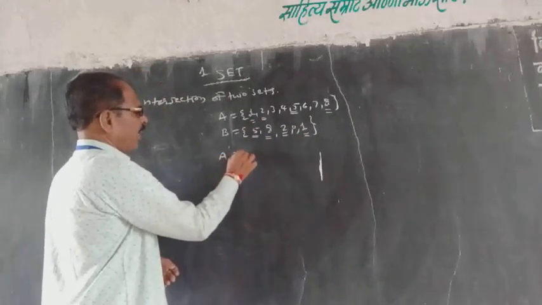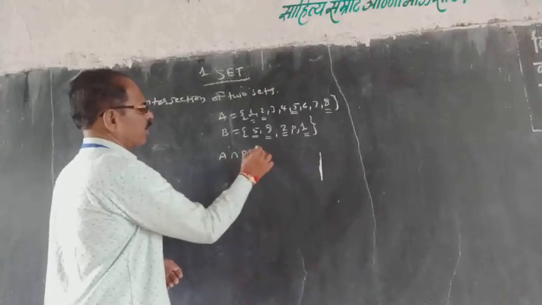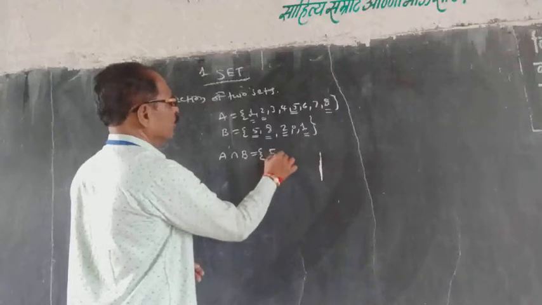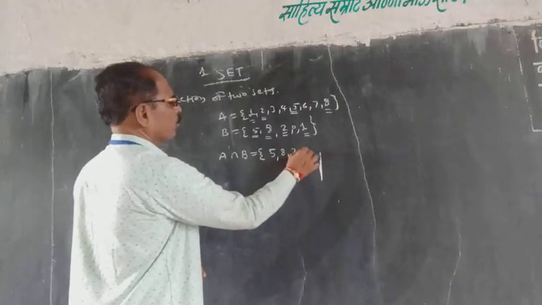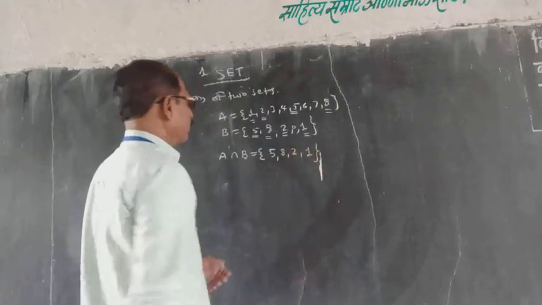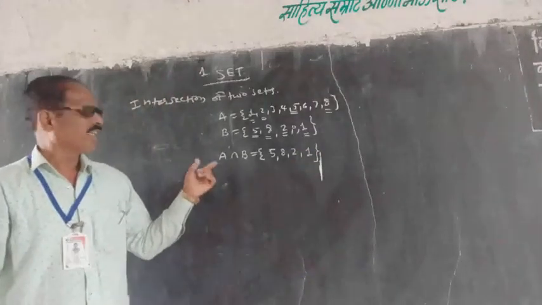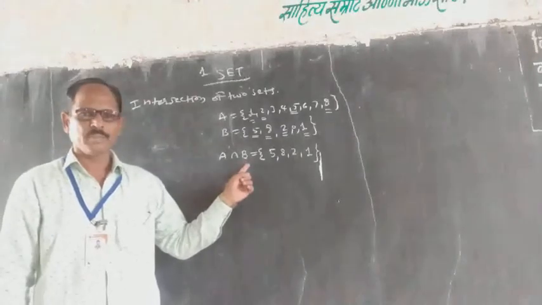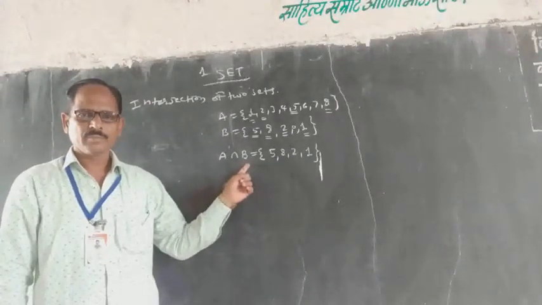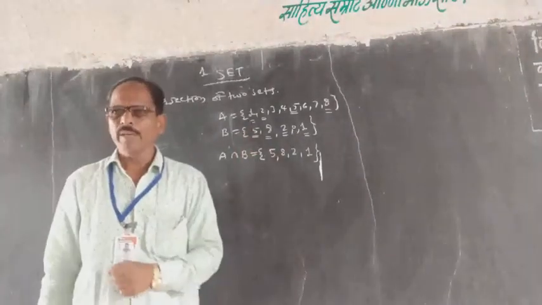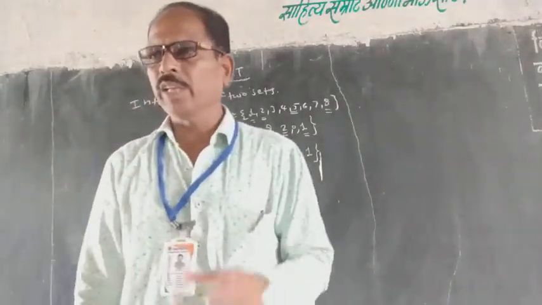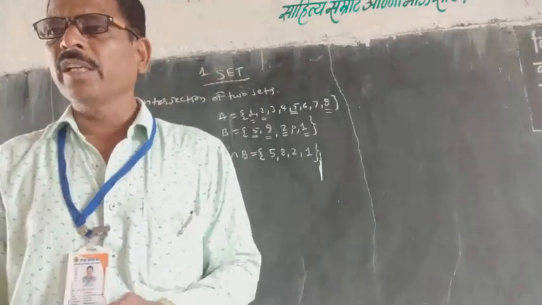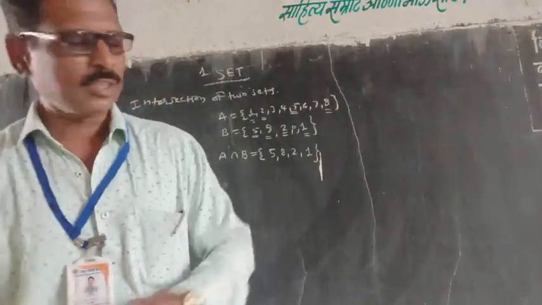So A intersection B is equal to, in curly brackets, 5, 8, 2, 1. The common elements together in one set are called the intersection of the two sets.